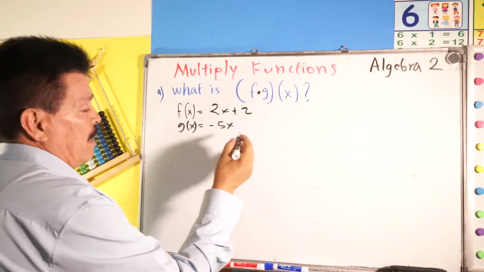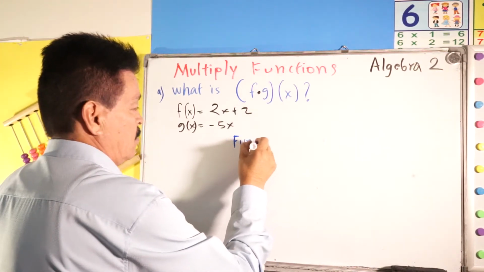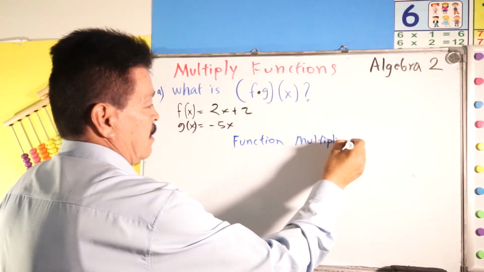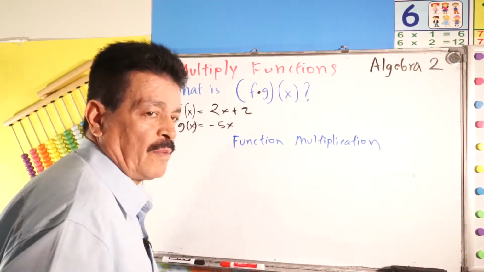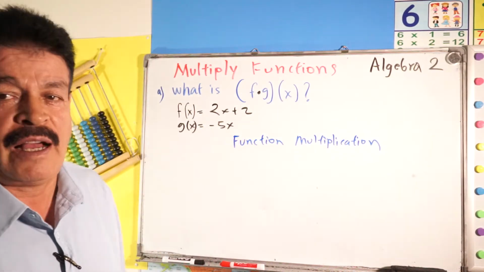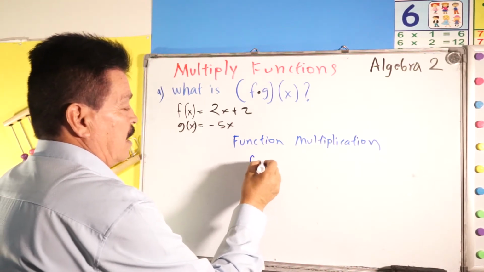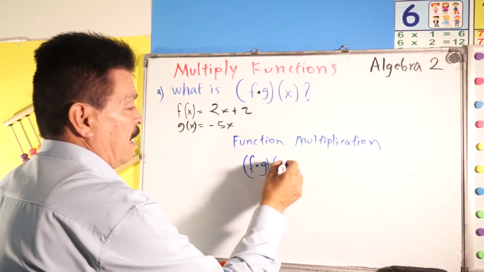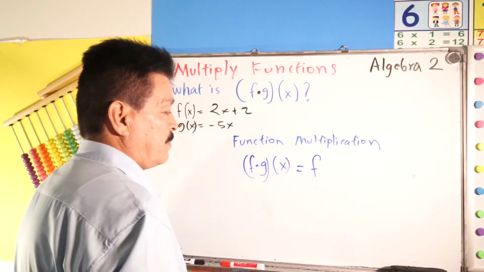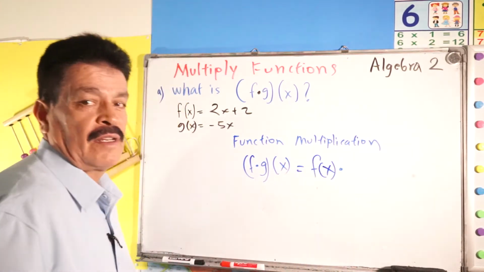If we have function multiplication like this problem, the rule is this one: (f times g)(x) equals f(x) times g(x).